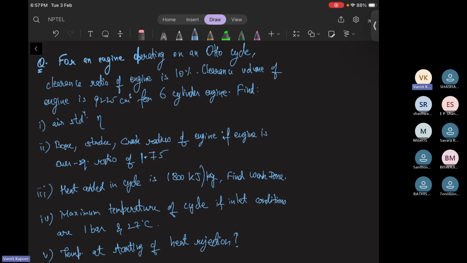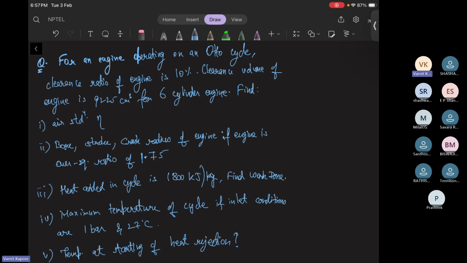Shanmugam, Shashank, any one of you have got it or have not been able to solve? Viswajit, am I audible to everyone?